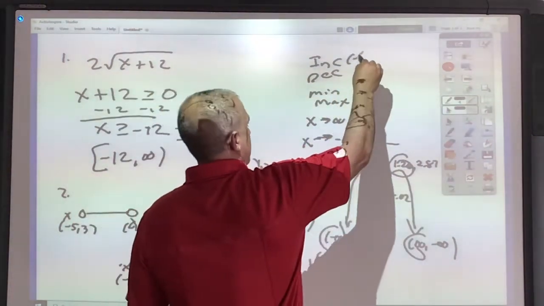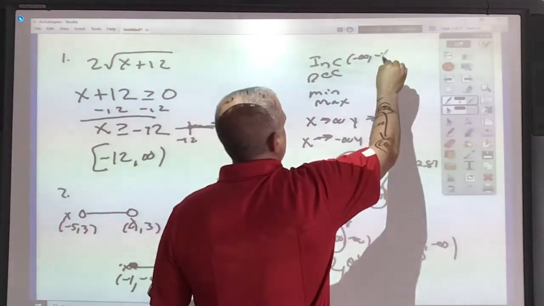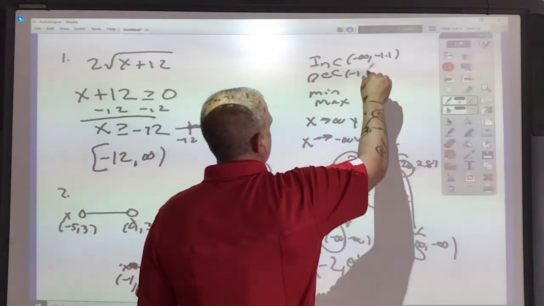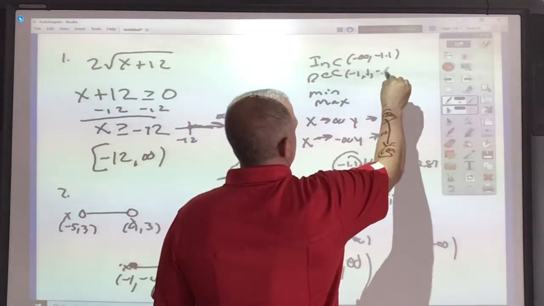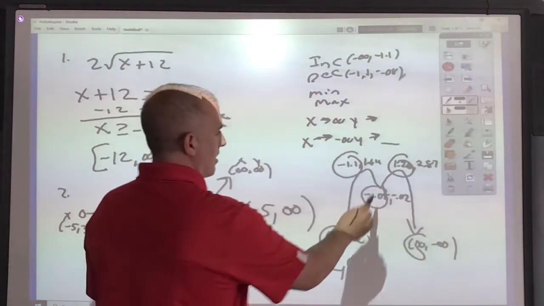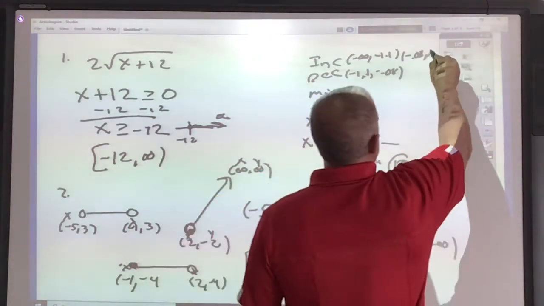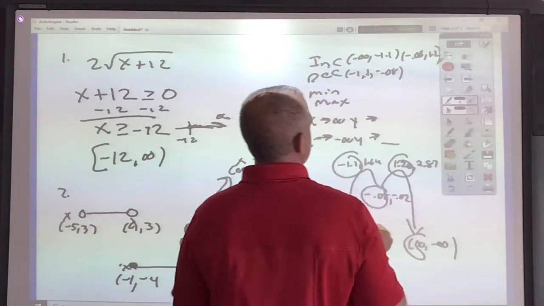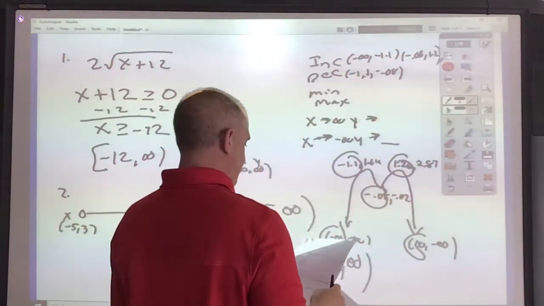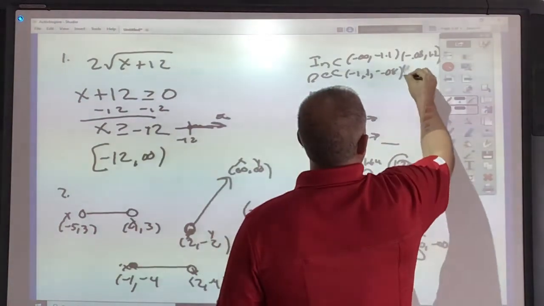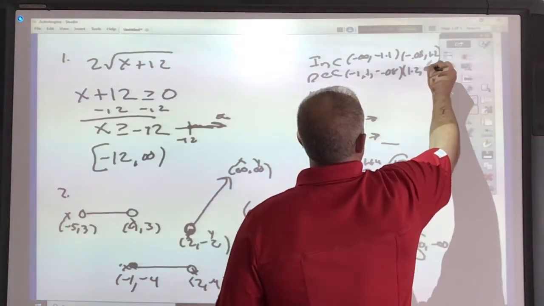So -infinity to -1.1, it's an increase, -1.1 to -0.08, it's decreasing, then it's increasing from -0.08 to 1.2, and then it's decreasing from 1.2 to infinity.